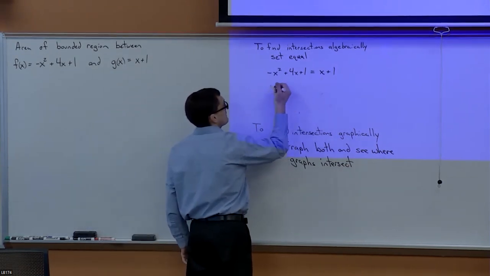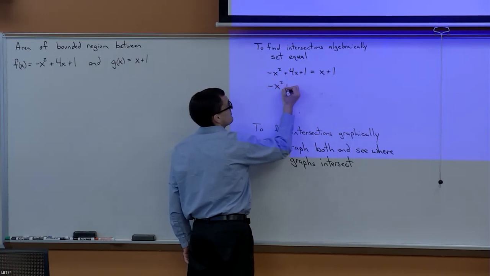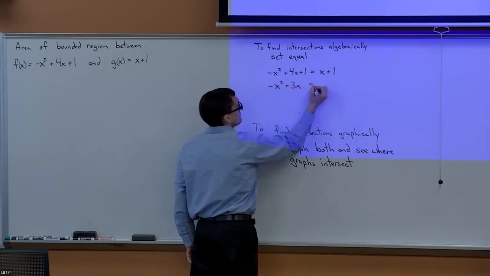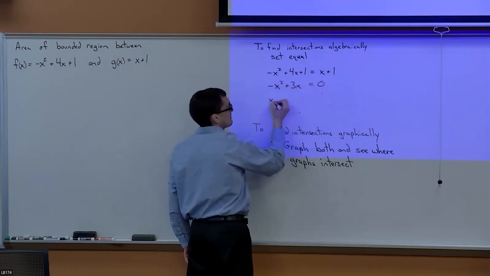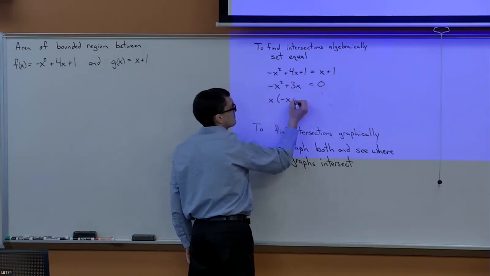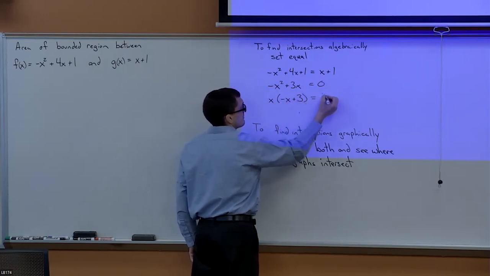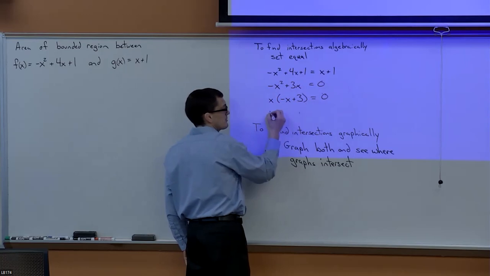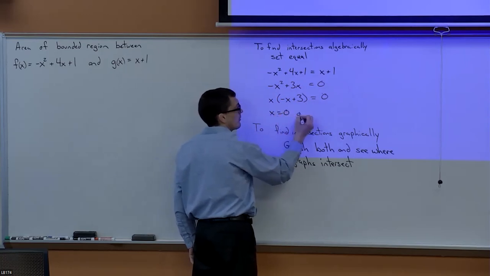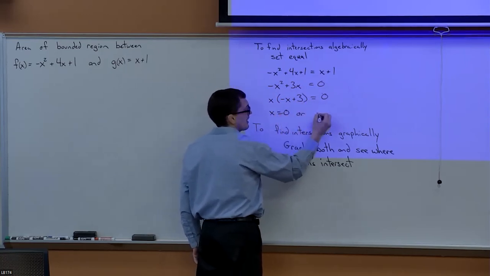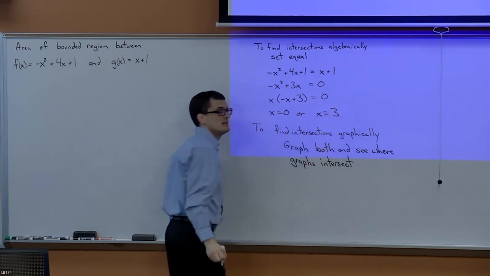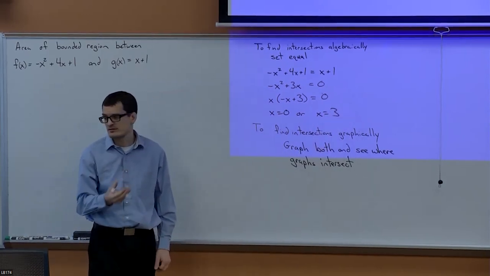By the way, if you did this, you get negative x squared plus 3x equals 0. And then you factor out an x, you get negative x plus 3 times x equals 0. So either x is equal to 0, or this gives you x is equal to 3. That's how you get your two values.